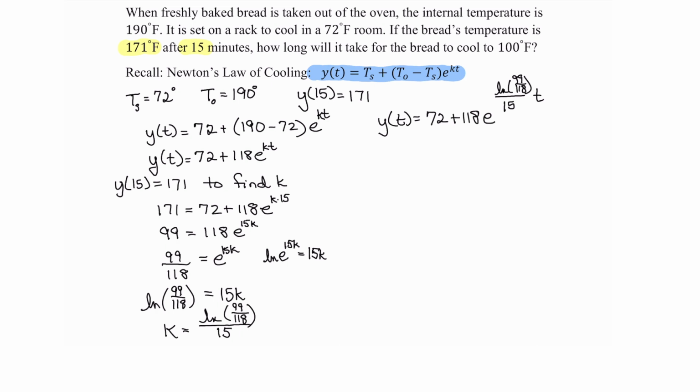Now it asks how long will it take for the bread to cool to 100 degrees Fahrenheit. So that's the output, that 100. So we're going to put that 100 on the left side of the equation and then solve for t. So I have 100 is equal to 72 plus my last term here.